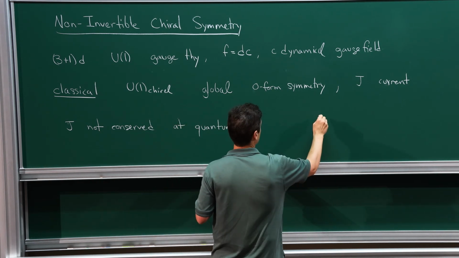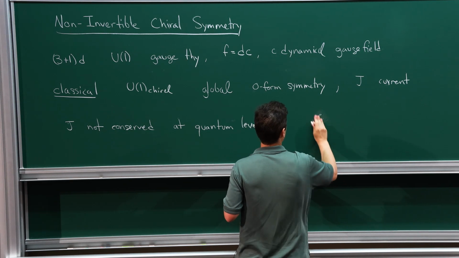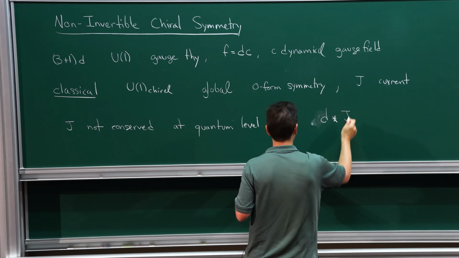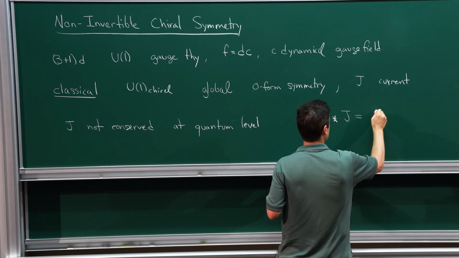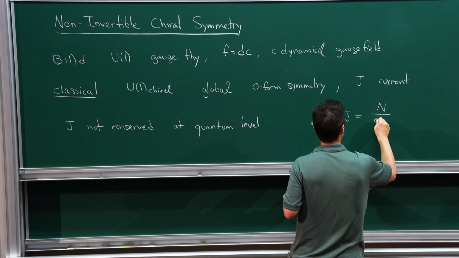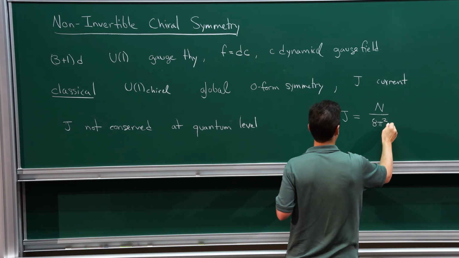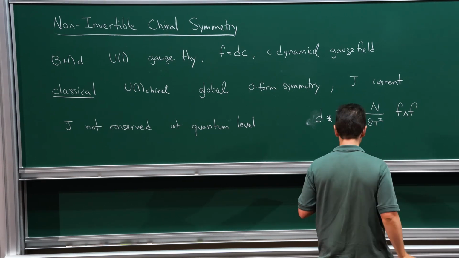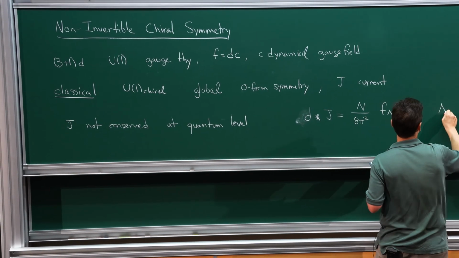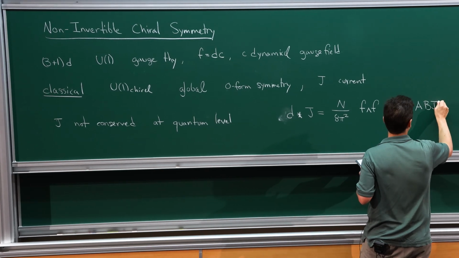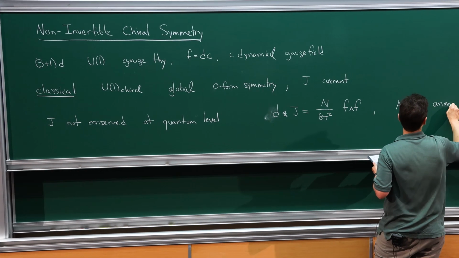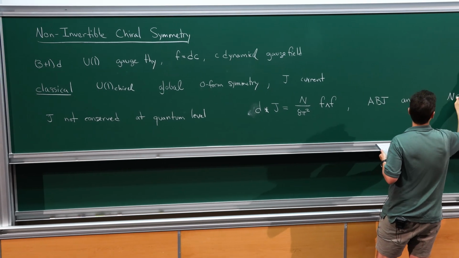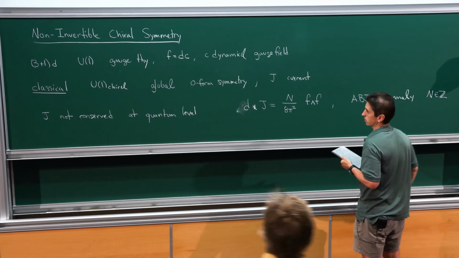So generally, we'll be interested in this type of equation: d star J is N over 8 pi squared F wedge F. This is the so-called ABJ anomaly, Adler-Bell-Jackiw anomaly equation. N here is an integer.